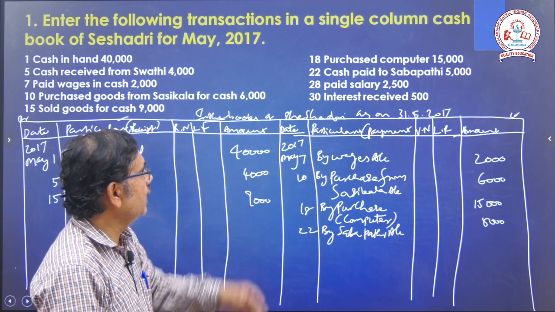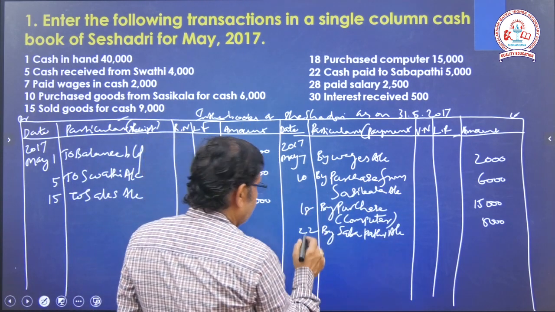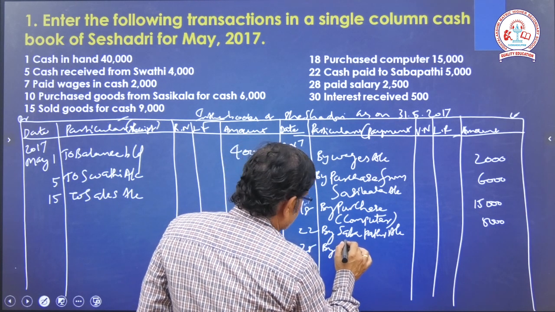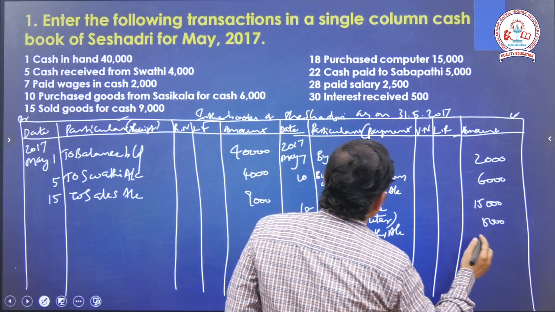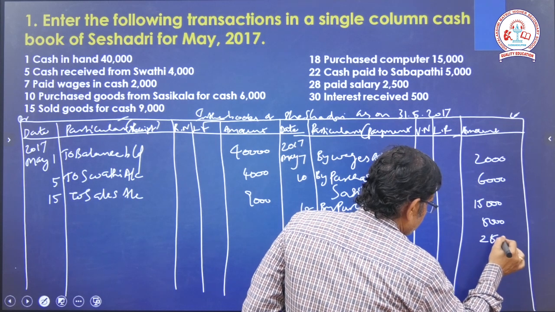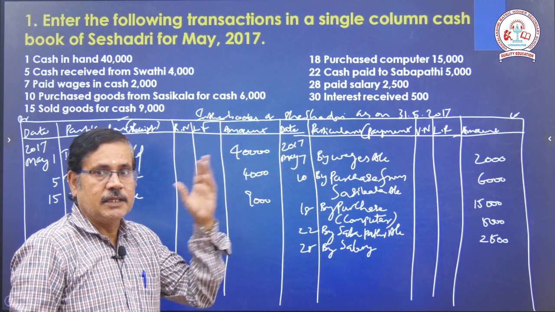Next, paid salary. We are paying money, so it goes to the payment side. Write the date 28, by salary, and the amount 2,500.